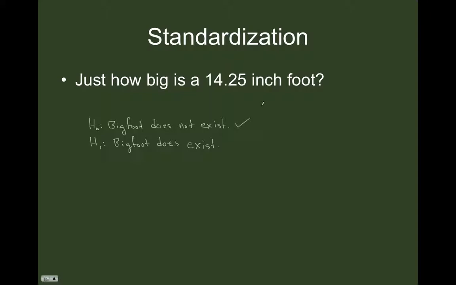Now, remember that in order to describe the population, let's talk about that population just for a minute. I want to write down the population that we're studying here. Lengths of male human feet.